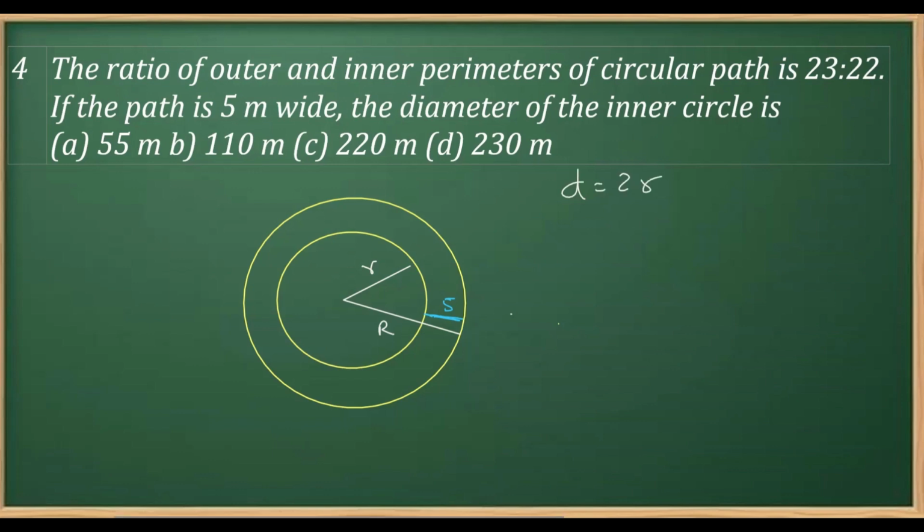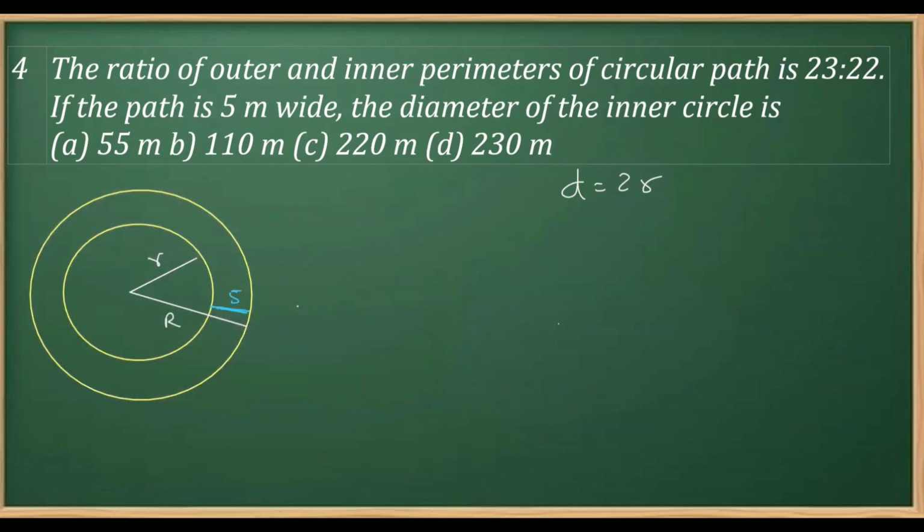Now let's use the first information that we have. We know the ratio of the circumference, perimeter is circumference here only. If I use the letter C1 over C2, for C1 being inner and C2 being outer, C1 over C2 is what?